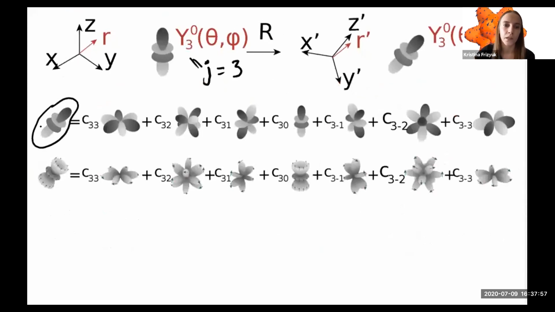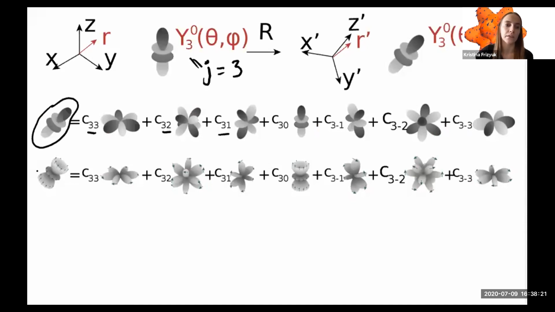So if we take scalar spherical functions with similar angular momentum and projection, and rotate them by the same angle, they will be decomposed into other vector functions.